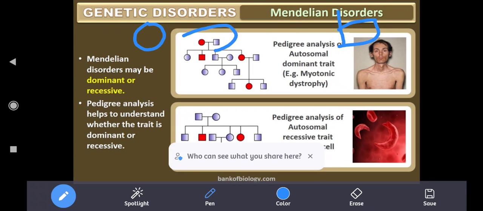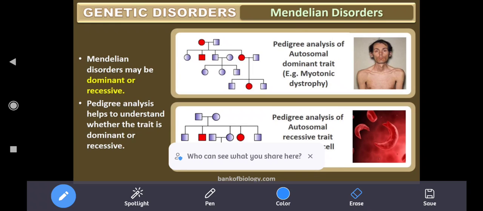The female, the circle, is shaded. That means she is affected by the disease. Clear? Listen carefully. She is affected by the disease.